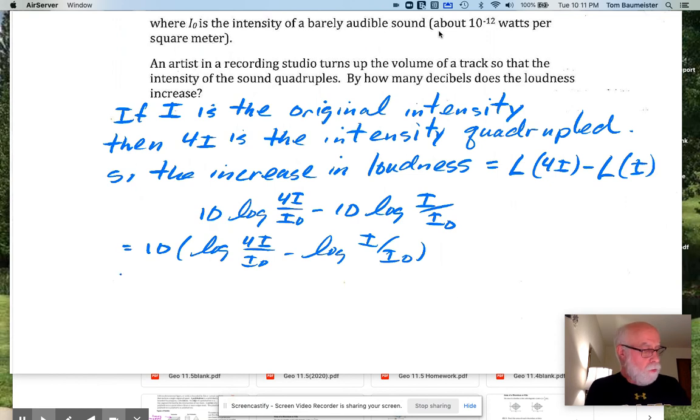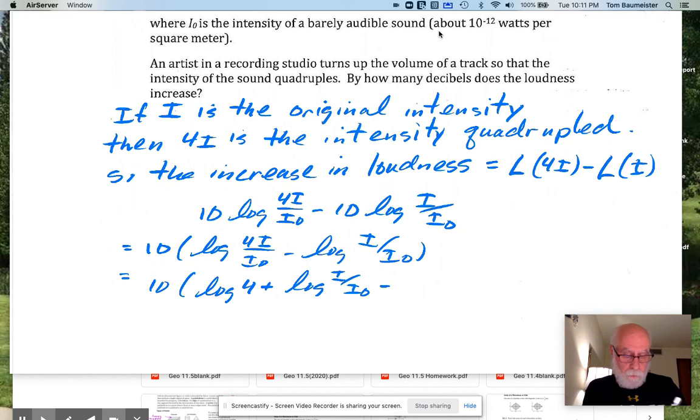And that will equal 10 times log of 4 plus log of I over I sub 0 minus log of I over I sub 0.